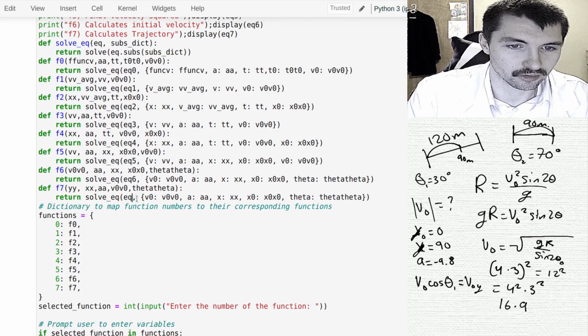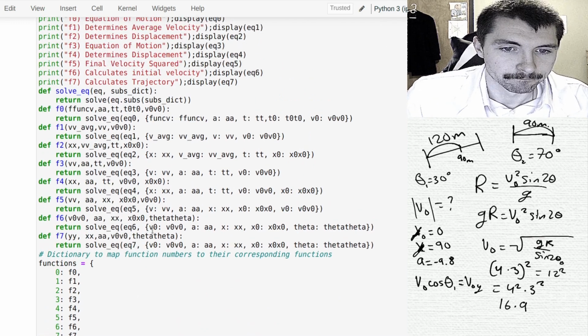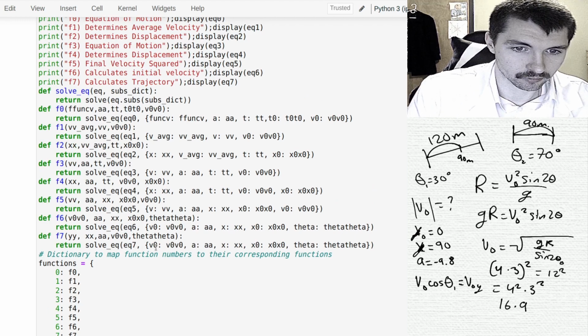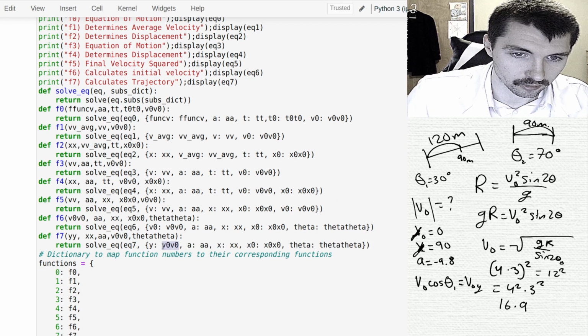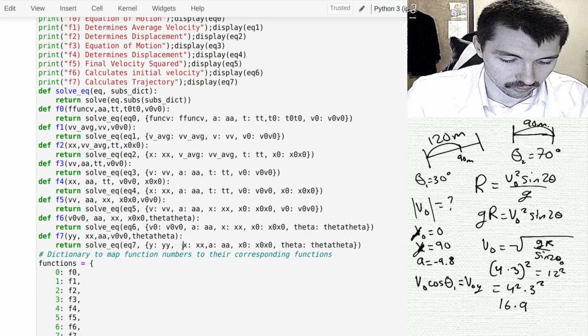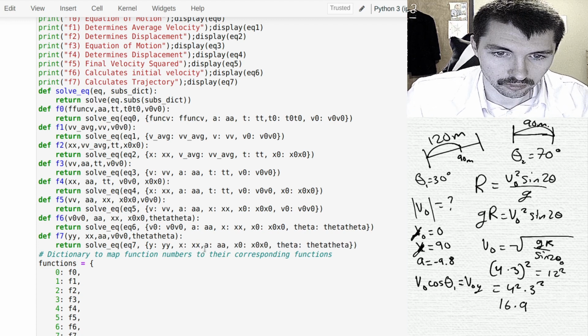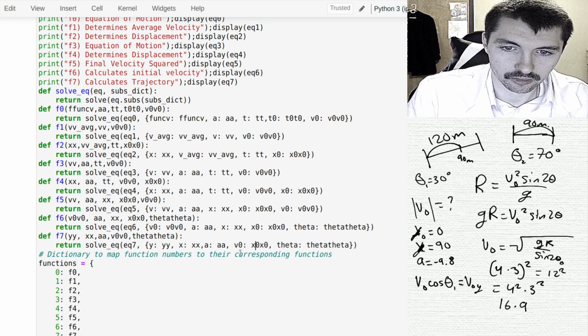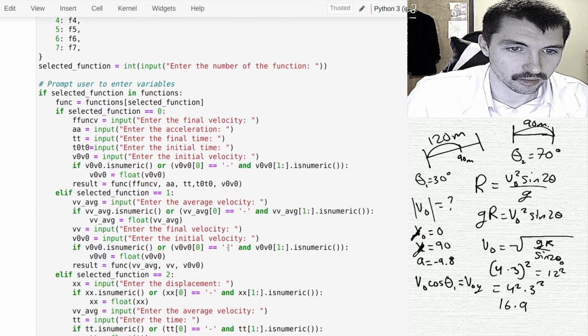Okay, so we're using equation 7. So y, swapping these. V naught, theta, okay.